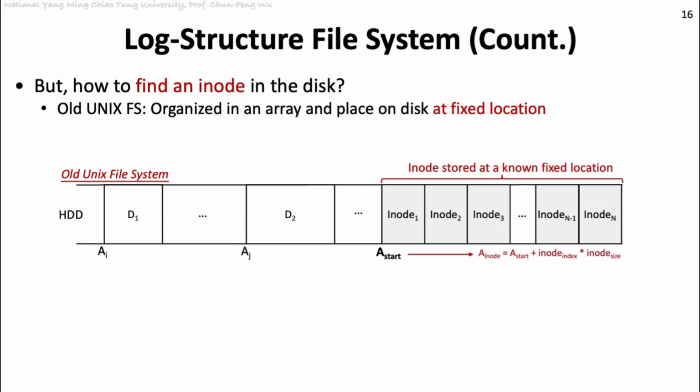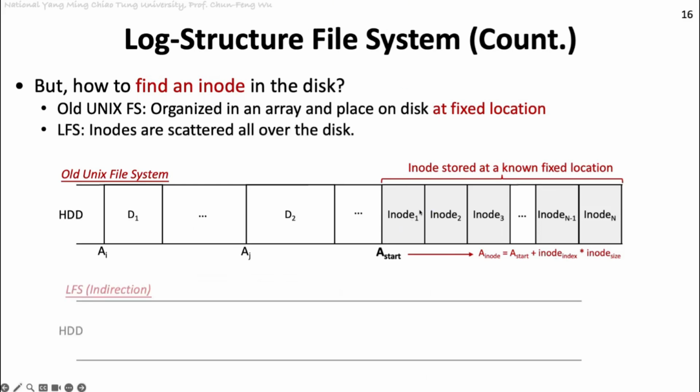This is the reason I mentioned last class that we will not put the file name in the inode structure, because a file name can sometimes be super large. It depends; you can make your inode file name super large, and the size would be hard to control. So in order to keep the inodes the same size, the file name is put in the directory entry, not in the inode.